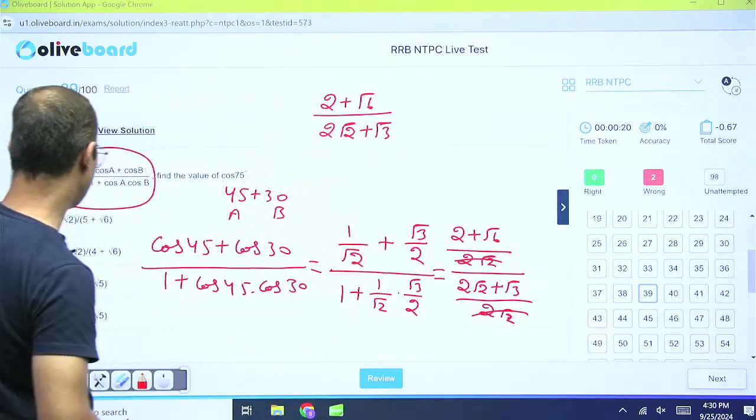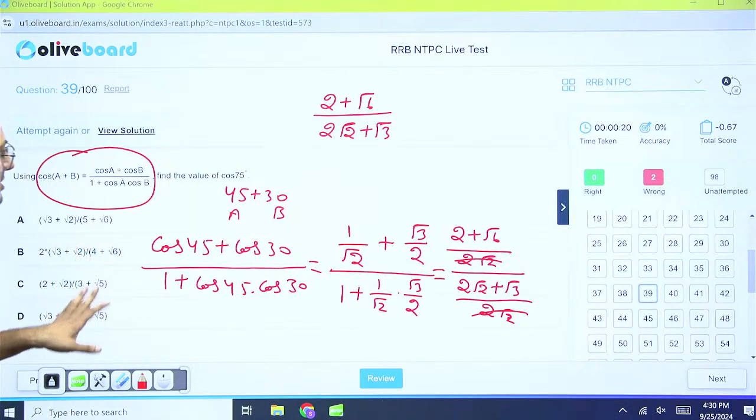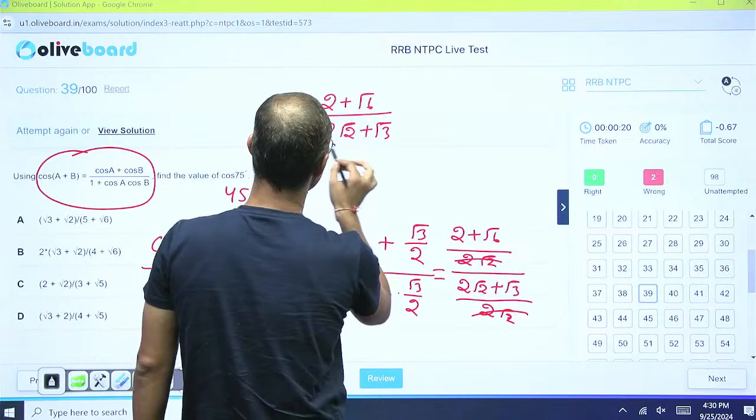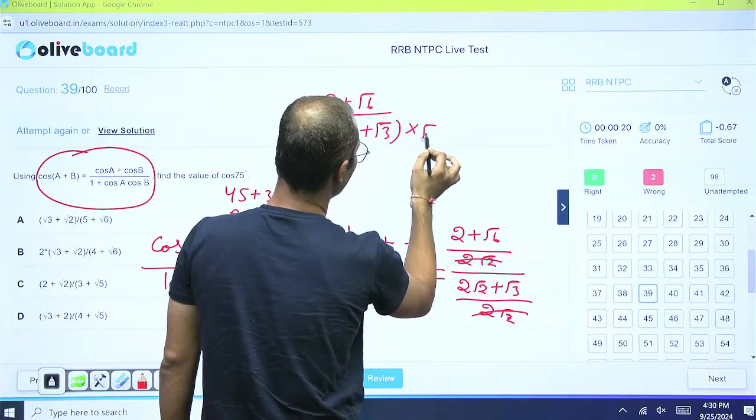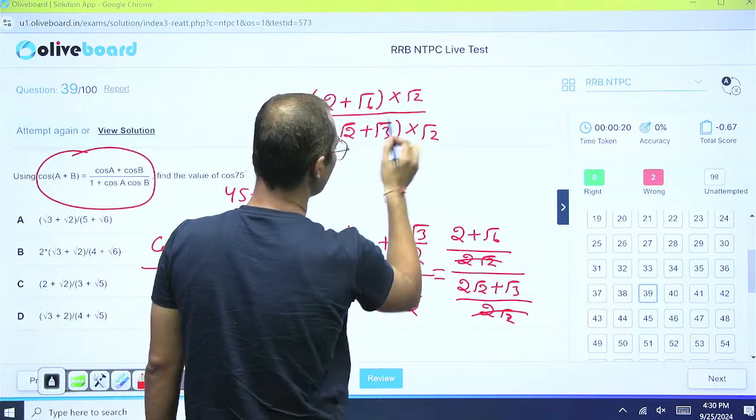So see the options. No option is matching with this. So now we have to closely observe the options, right? Here in the denominator we have 4 plus root 6, 5 plus root 6, right? So we have to get root 6 anyhow. So we will multiply by root 2 in the numerator and denominator both.